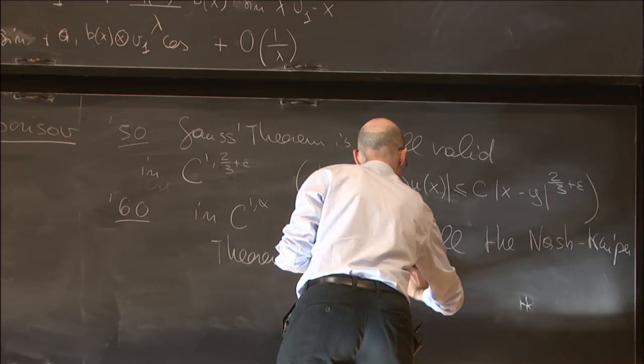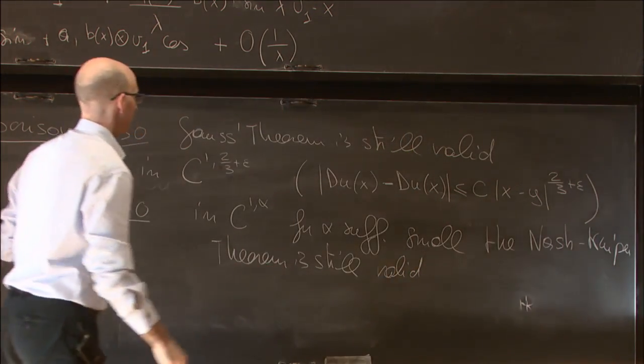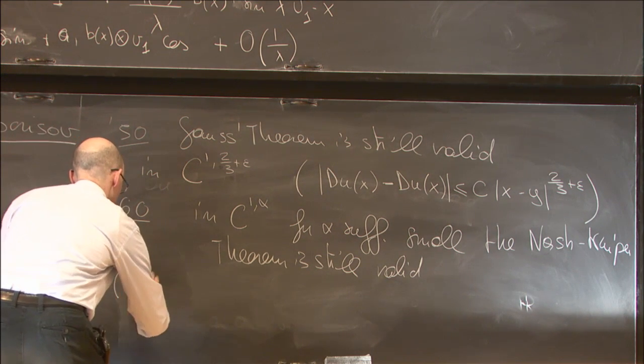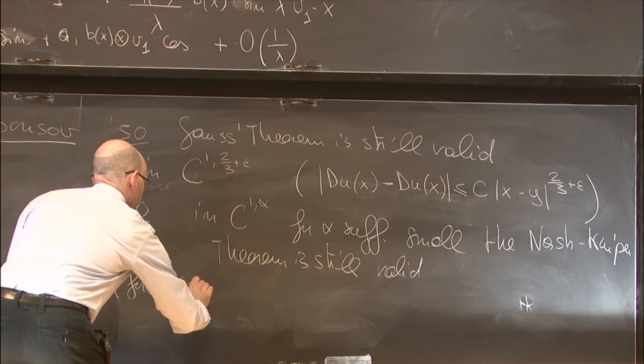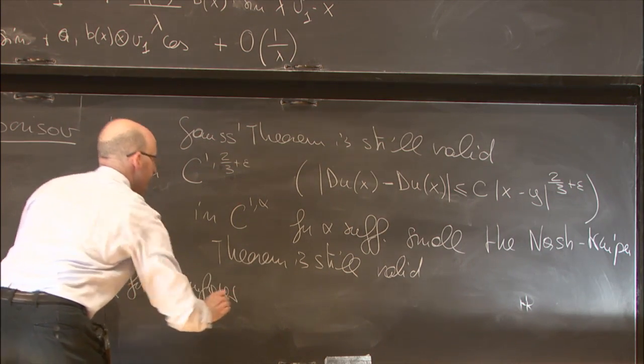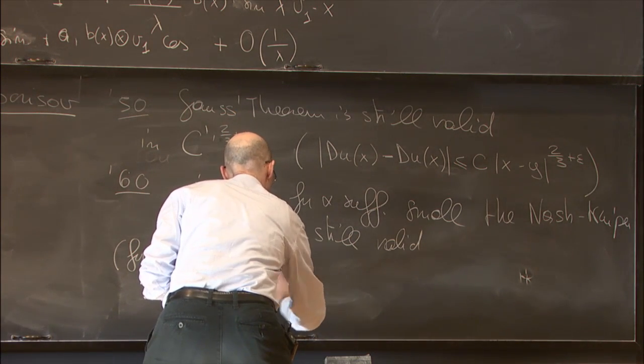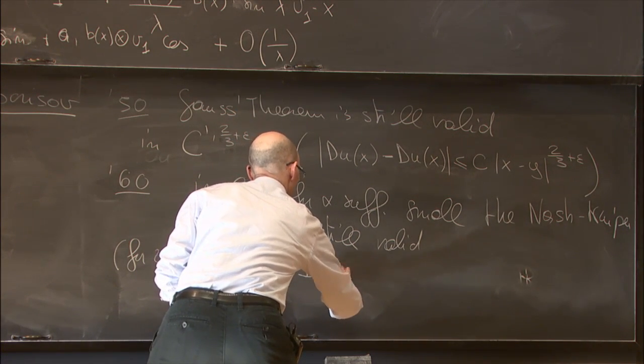And in particular, the Gauss theorem fails. In fact, for 2D surfaces, the best exponent that we have so far is in a paper by myself, a student, and Laszlo.